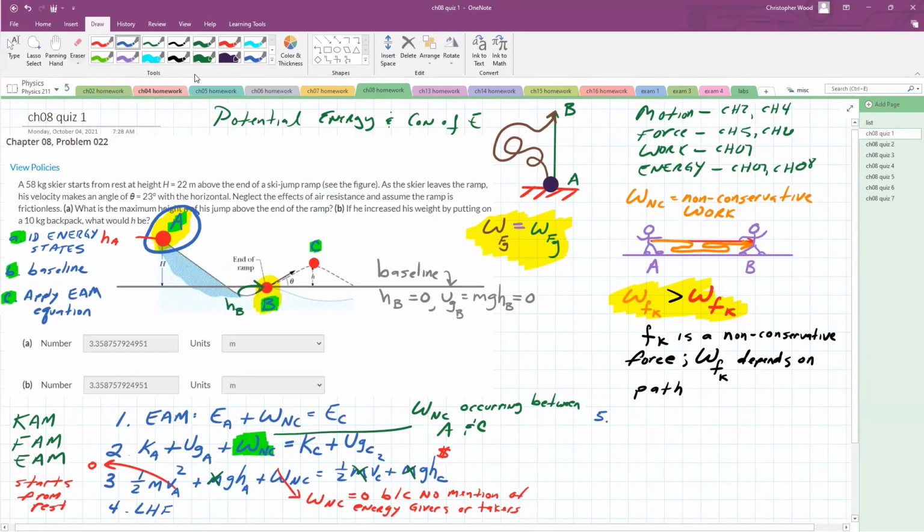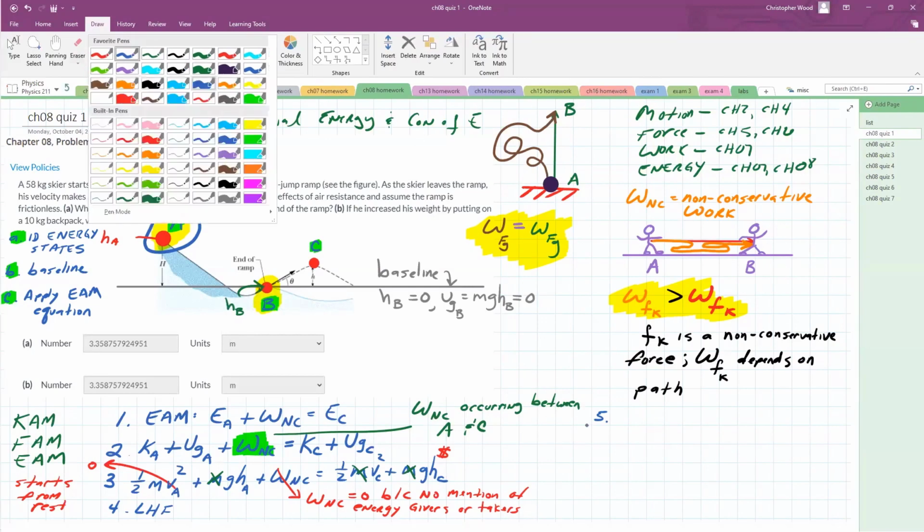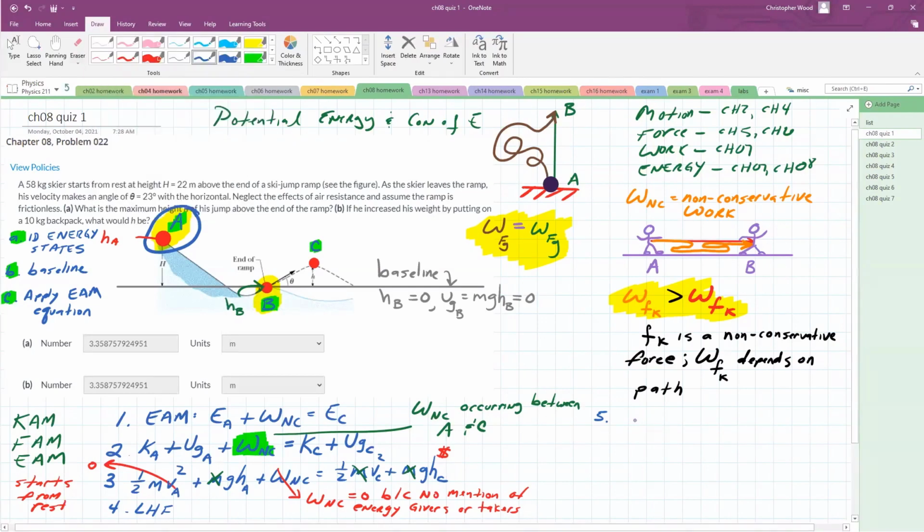I have g h_A. I know g, I know h_A, which equals 1/2 v_C squared plus g h_C.